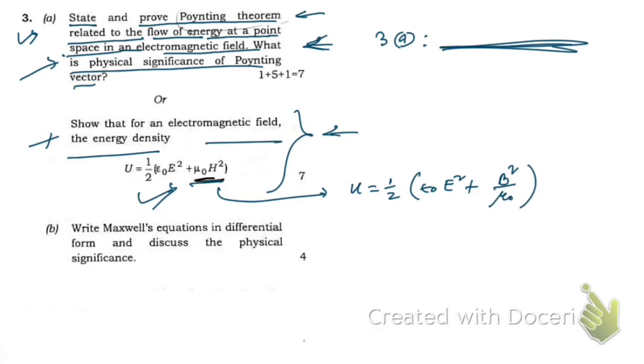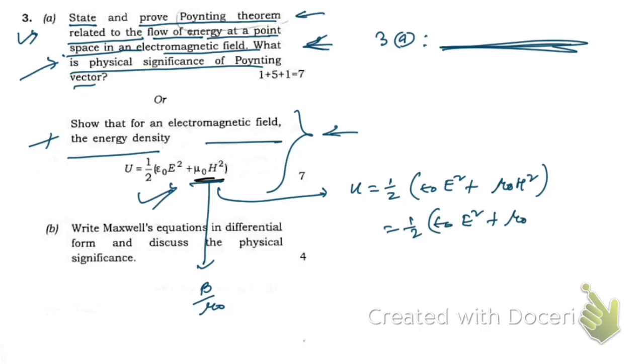Once you have proved this, you can write B by mu naught instead of H. If you replace H square by B square by mu naught square, then you're going to get half epsilon naught E square plus B square by 2 mu naught, since one mu naught cancels. So hope you have understood this.